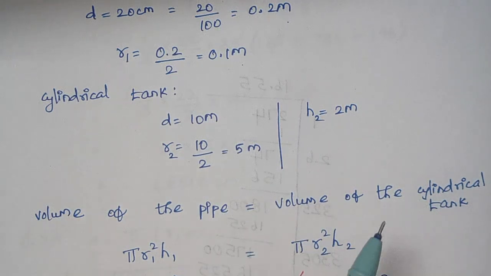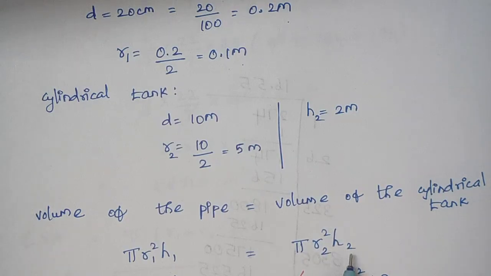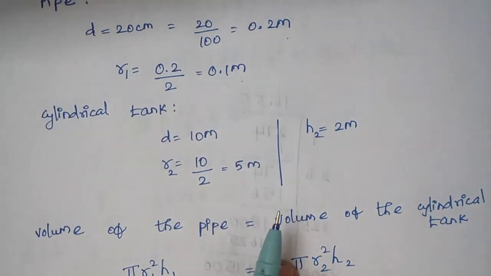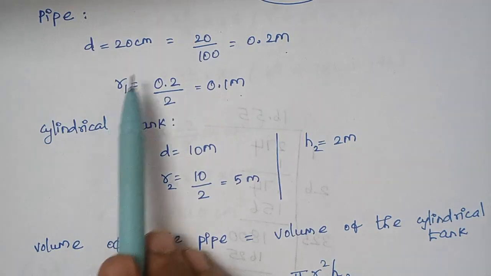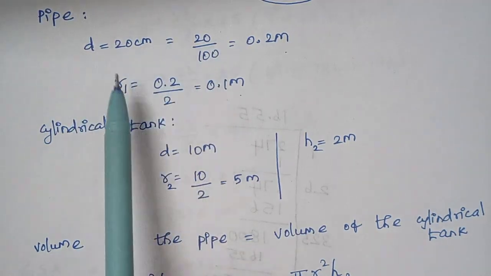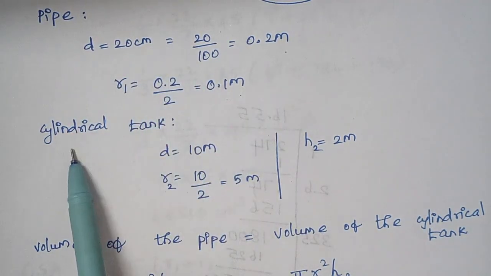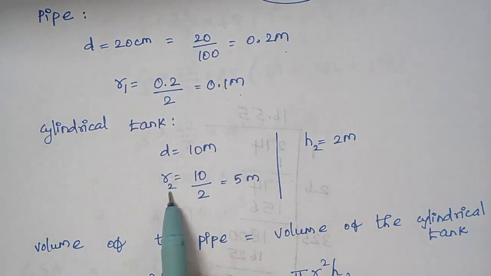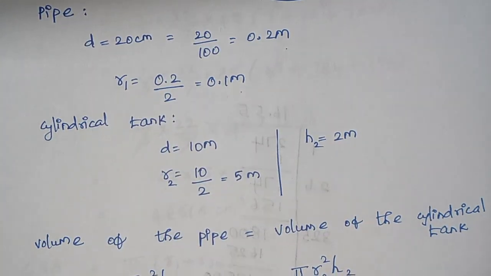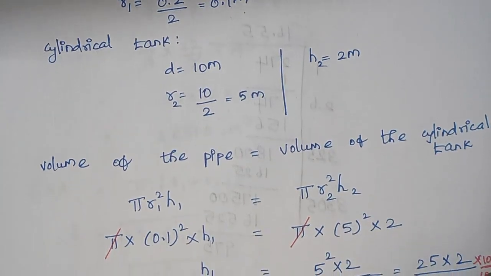That is the main reason why we are equating the volume. So the formula is pi r1 square h1 and pi r2 square h2. You just write it initially. Let the parameters related to the pipe be R1 and H1, and parameters related to the cylindrical tank be R2 and H2. Now just substitute the values.